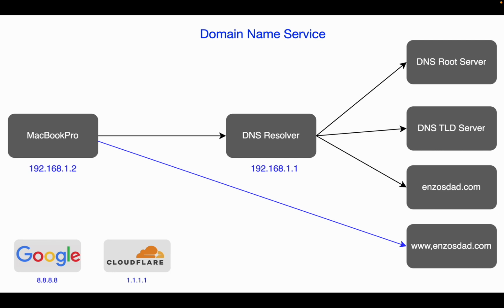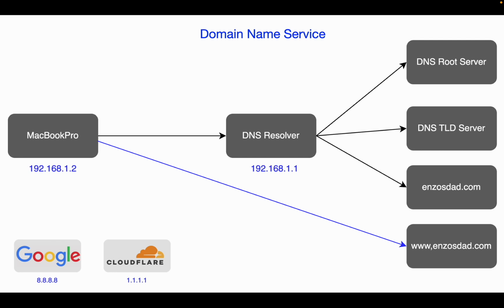And because the server we're wanting is enzorsdad.com, the root servers know where the .com server is, and it's called the top-level domain server. So the DNS resolver asks the root servers, where's the .com resolved? It gives back the address for the .com, and that comes back.